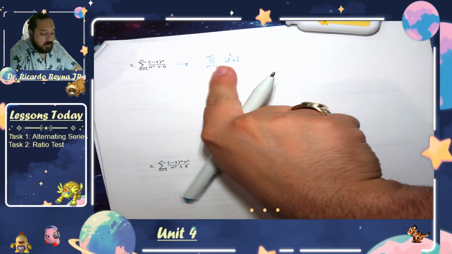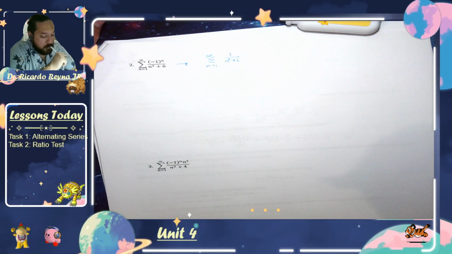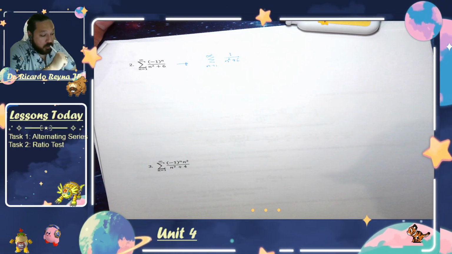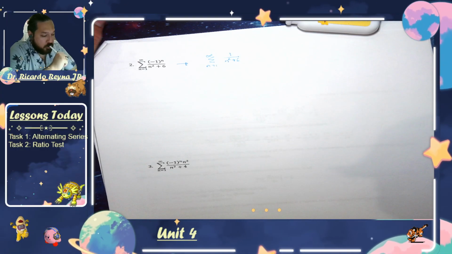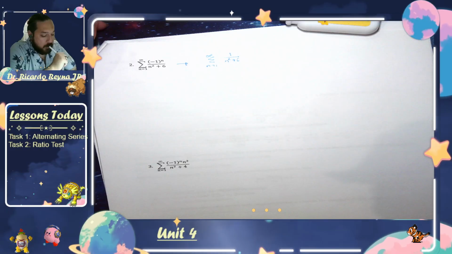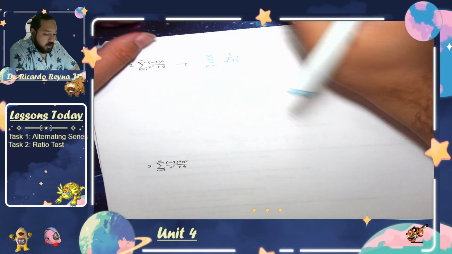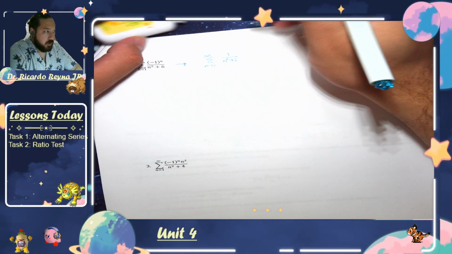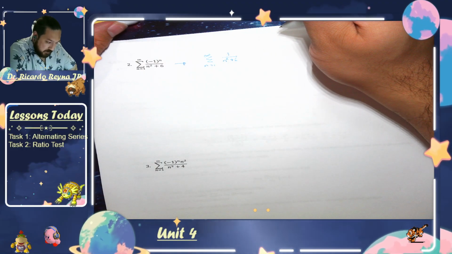And for this one, we could do the integral test. We could do the limit comparison test.